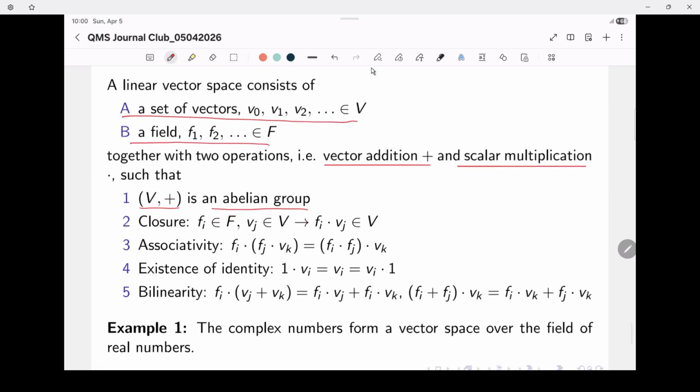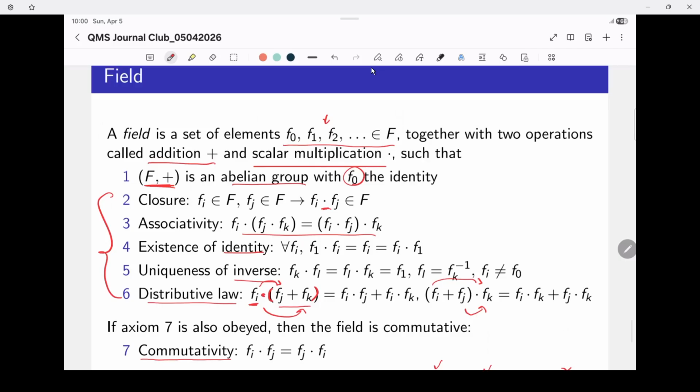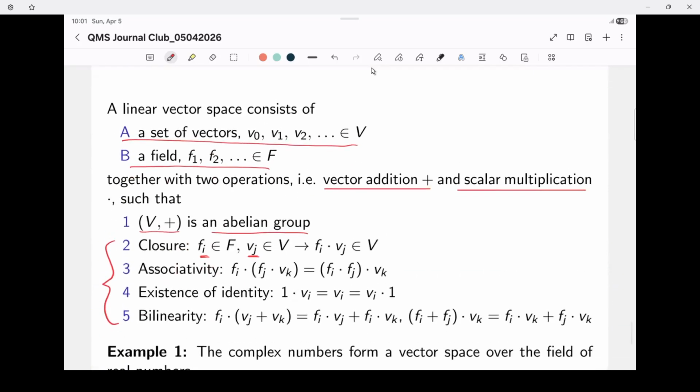Your scalar multiplication concerns how your field acts on your vectors. Notice the difference. Just now you only had field elements, and conditions number 2 to number 6 were about how your field elements multiply together and distribute across additions. But now you have two different sets of elements, one from your vectors, another from your field.